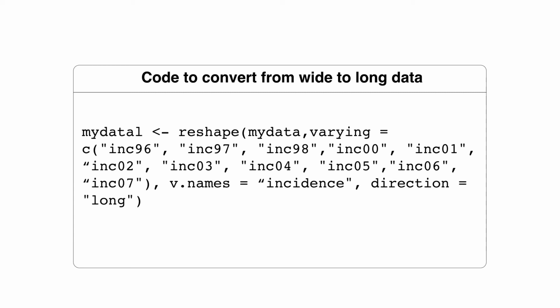And we have decided to convert from a wide data into a long format, so we said the direction is going to be long. Similarly, if you had to convert a long data into a wide format, you'd reverse these instructions. So in this case, the v.names would change and the varying would be the incidence.